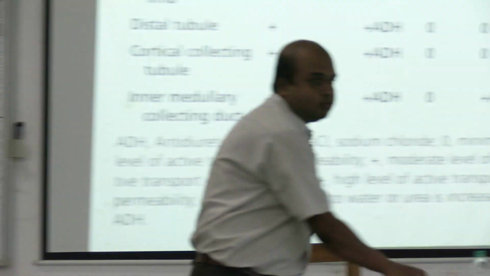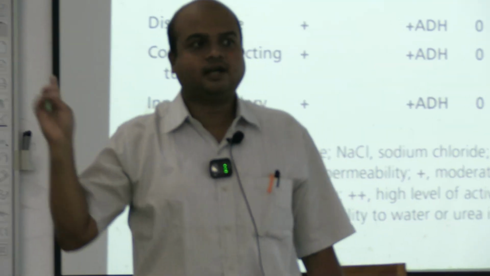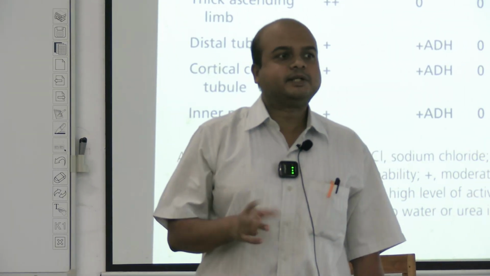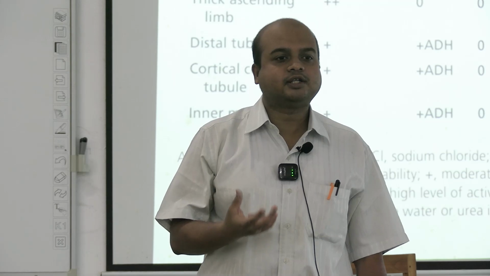Others we had labeled just now. The early distal tubule is just the early part of the distal tubule. And what is the anatomical speciality of that part? What are the cells present there?